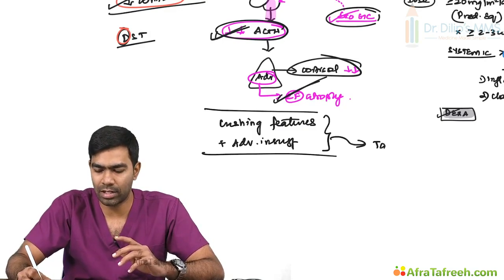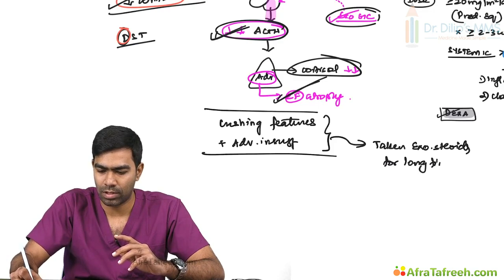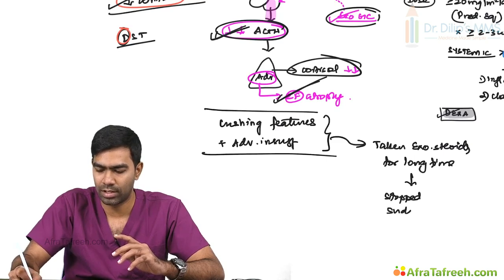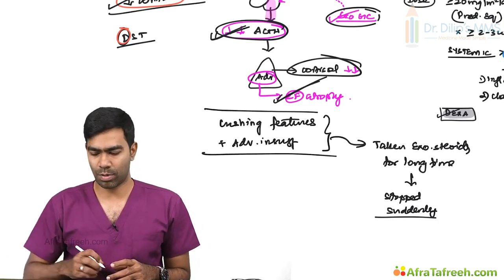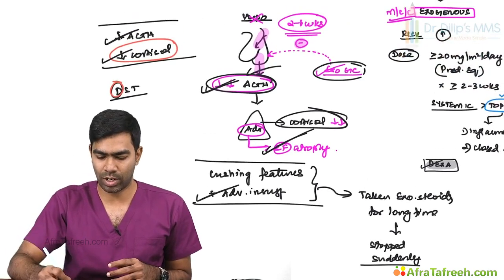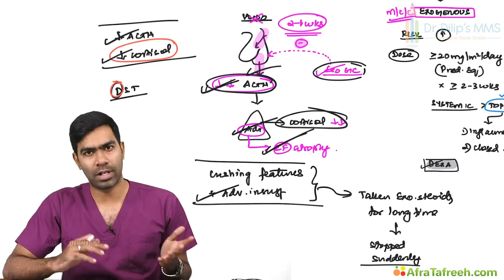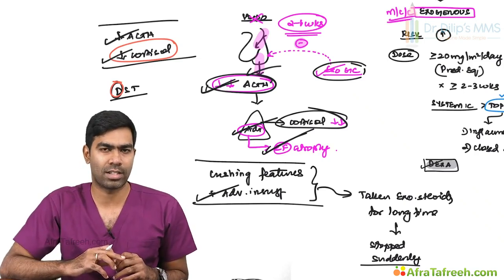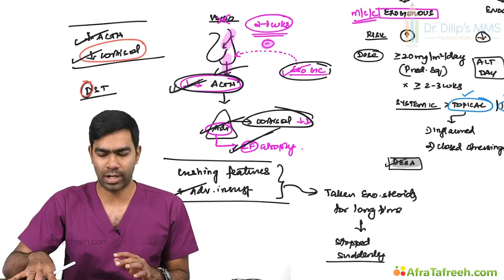The patient has taken exogenous steroids for a long time, and he or she has stopped the exogenous steroids suddenly, due to maybe some illness or something else where they couldn't take the exogenous steroids properly. That is the reason why they are suddenly coming with adrenal insufficiency, because, as I told you, the axis takes some time to recover. So how to stop the steroids? I already discussed it, but we'll discuss it in detail in the next chapter on adrenal insufficiency. Right now you have to understand this loop, that is more than enough.